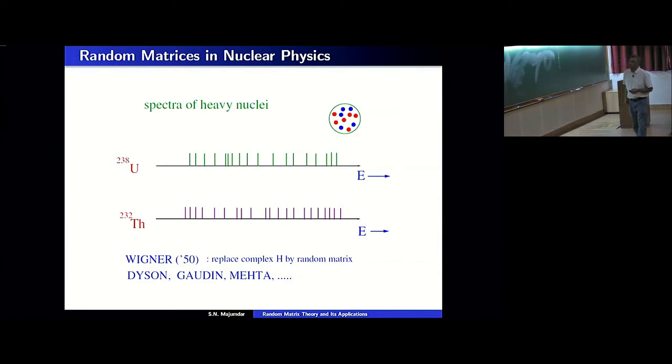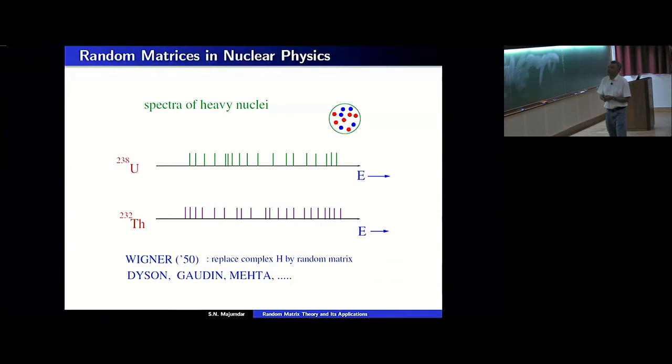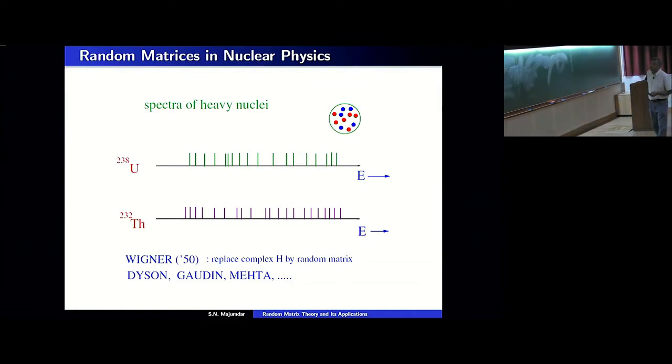Okay, so they look different, so who cares? But when Wigner was talking to his experimentalist friend, he realized something: even though the details of the spectrum look very different from each other, the statistical fluctuations of these could have some similarity between them. So what he suggested to his experimentalist friend is to look at the spacing between just nearest neighbor energy levels, and of course you have to scale it by the mean distance.